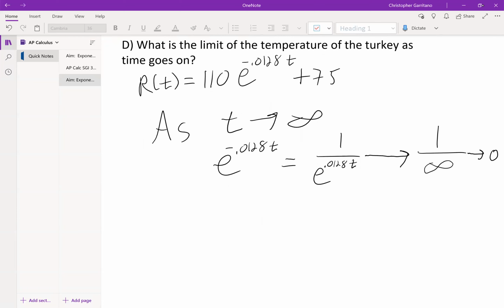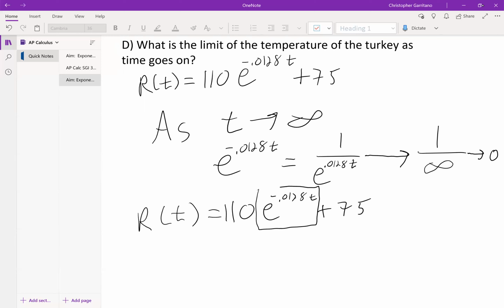So we can use that information to say that, I'm just going to rewrite the expression again, 110 times e to the negative 0.0128t plus 75. You'll notice that the only expression that has anything to do with time is this e to the negative 0.0128t. We just discussed how this guy is approaching 0 as t approaches infinity.